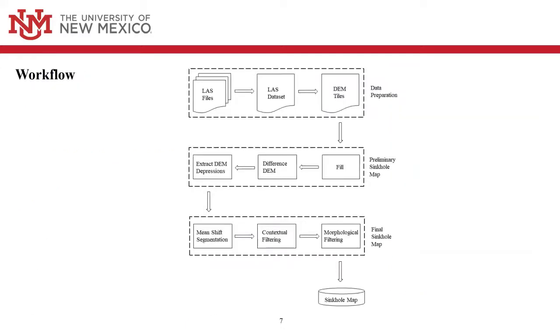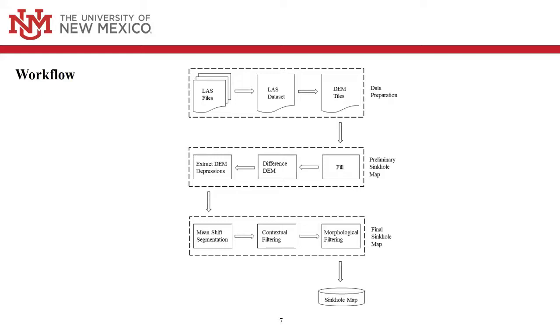So for the continuation of last year's presentation, here's our practical workflow. So basically, we have to process the data to prepare the data for LiDAR sinkhole detection. So here's the 3 steps. We have the LAS files, which is a raw format for the LiDAR point cloud, and then we process them to a LiDAR dataset. And then from there, we create DEM tiles, and then we call this big step the data preparation.